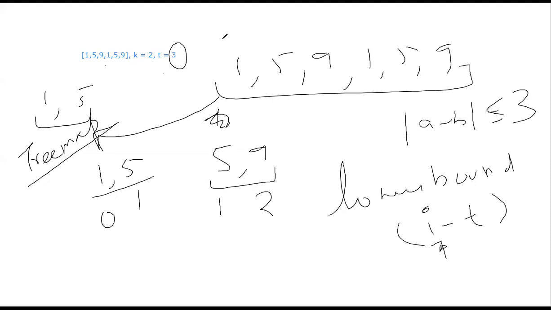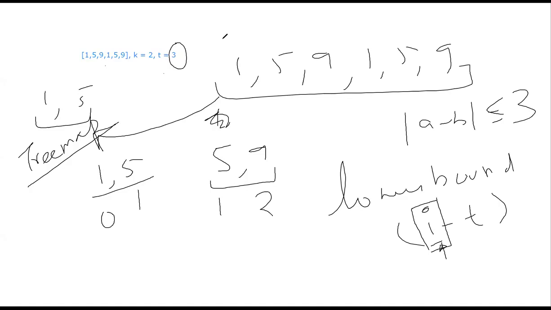The i is the index of the array, the pointer iterating the whole array. The j is the pointer to the left of the window, and i points to the right of the window.